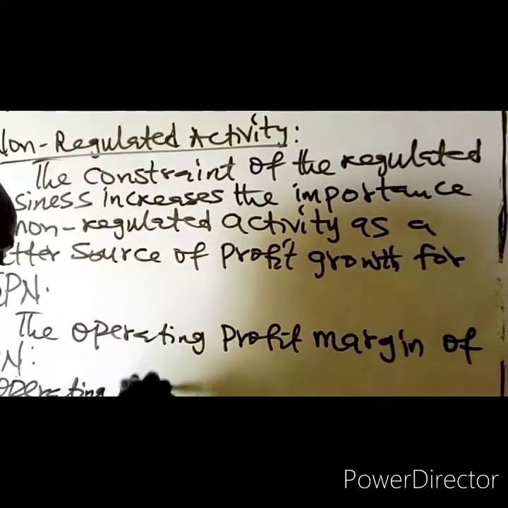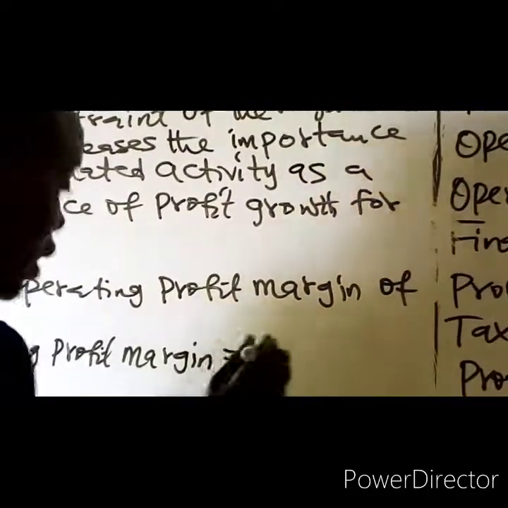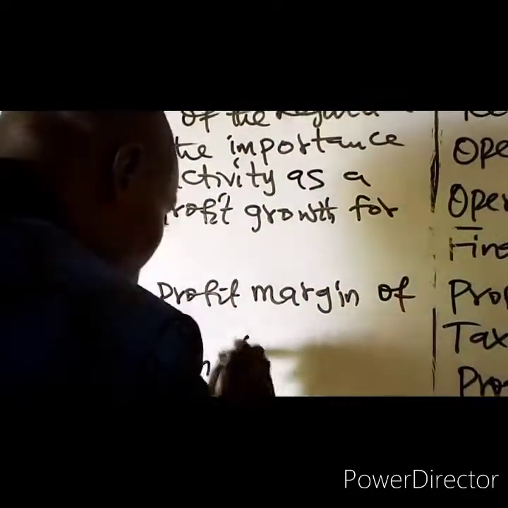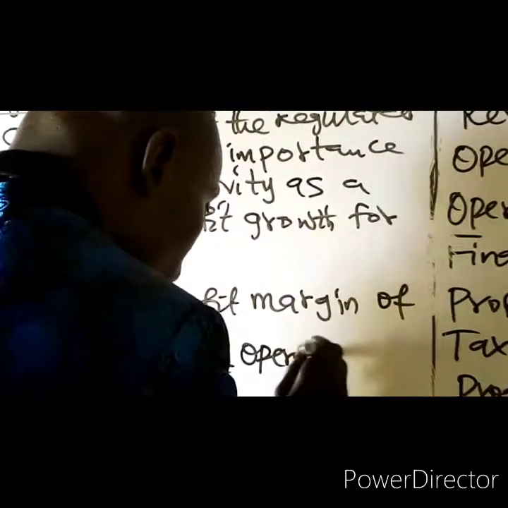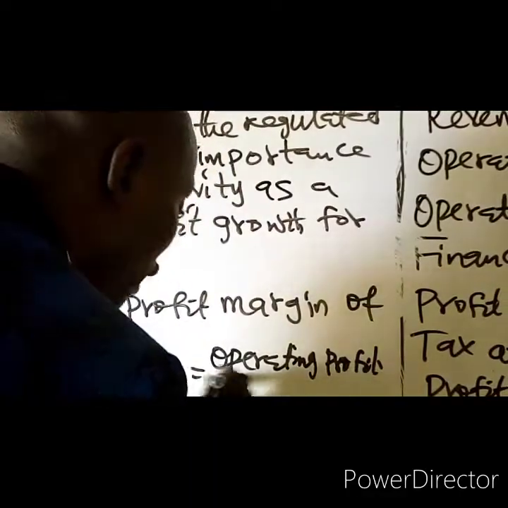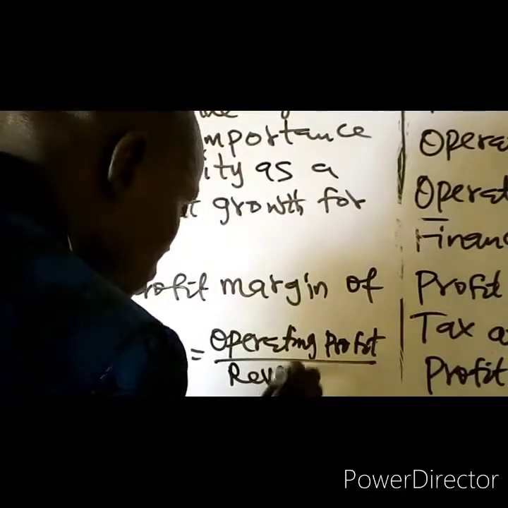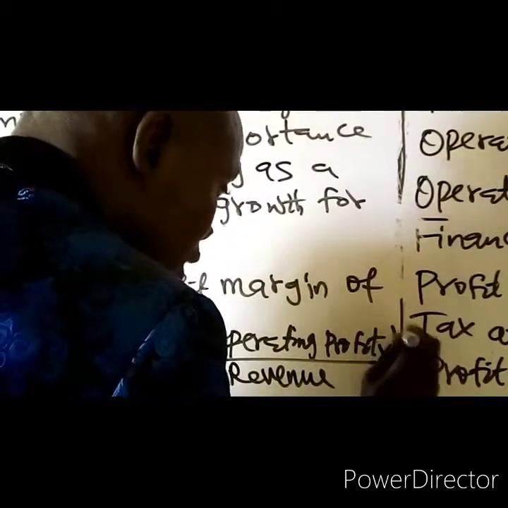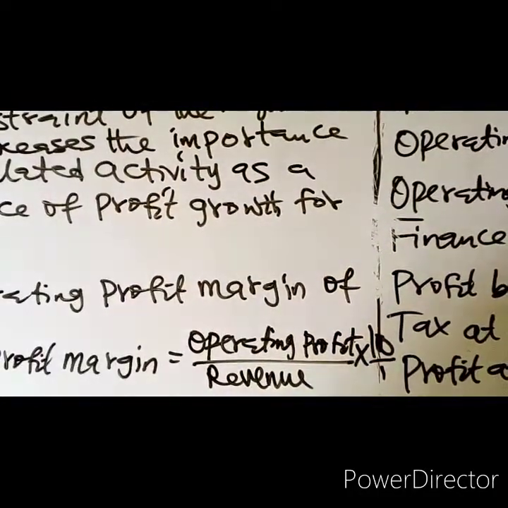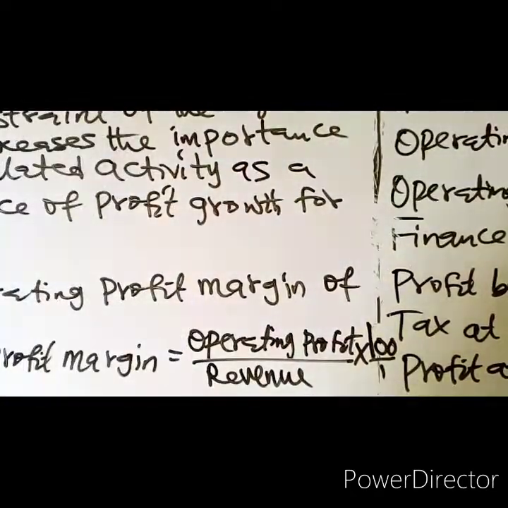The operating profit margin is operating profit over revenue times 100.